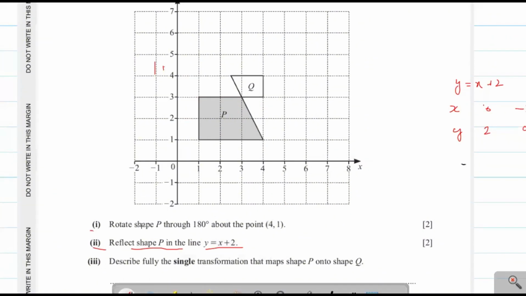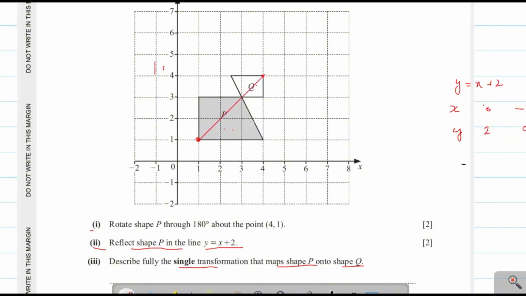Next, part third: describe fully the single transformation that maps shape P onto Q. Look here, the size of the shape is not the same, therefore this is an enlargement. To get the center of enlargement we will join the object points of shape P to the corresponding image points of Q. By joining these 2 points we get a line.